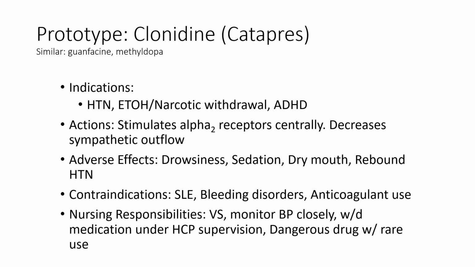But that's where the other indications started to be discovered while people were on it for hypertension. We noticed that it helped with alcohol withdrawal. It helped with opioid, narcotic withdrawals. So it's used for that. So if someone is withdrawing from narcotics, we can use clonidine to help with those symptoms.